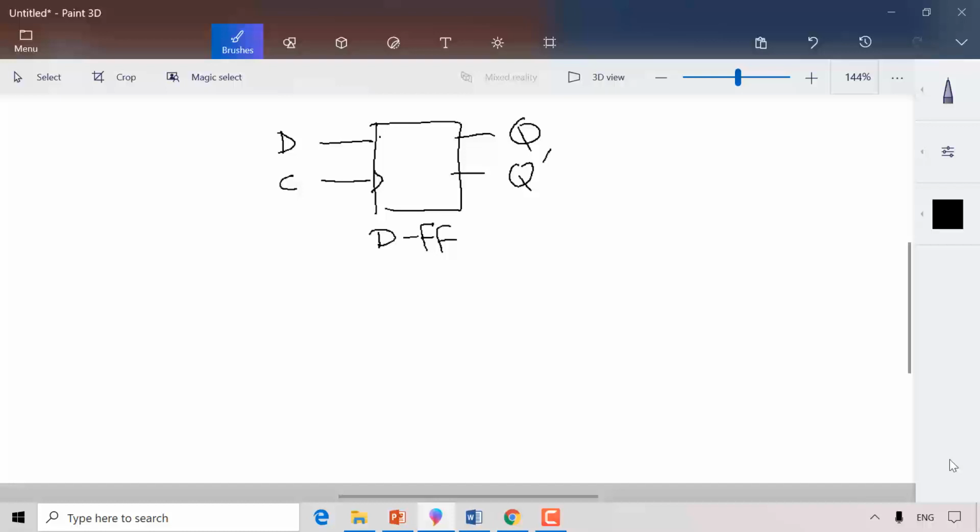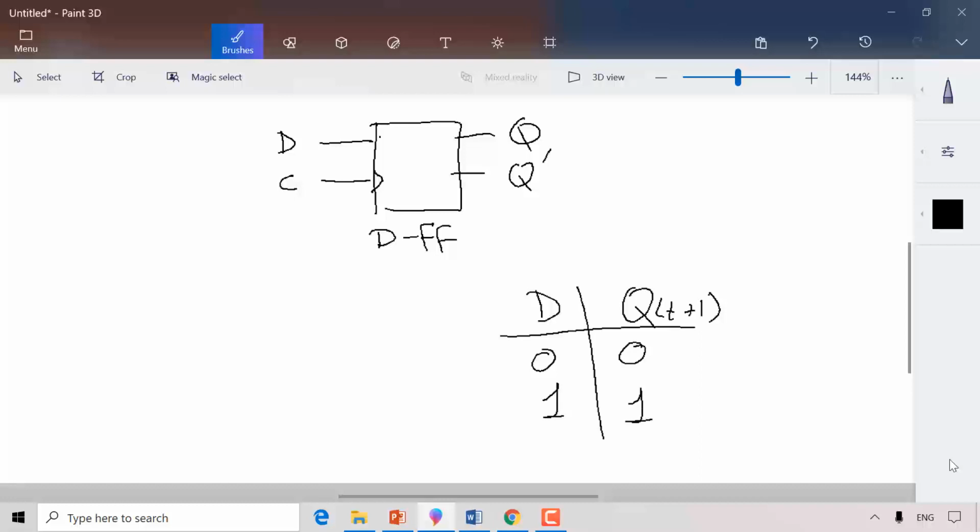We have the D and the updated Q. If D is 0, the updated Q will be 0. If D is 1, the updated Q will be 1. We refer to this as set operation, and this as reset operation.